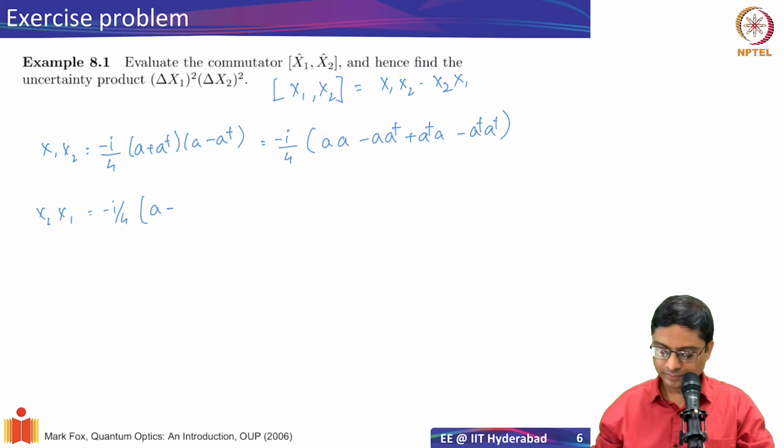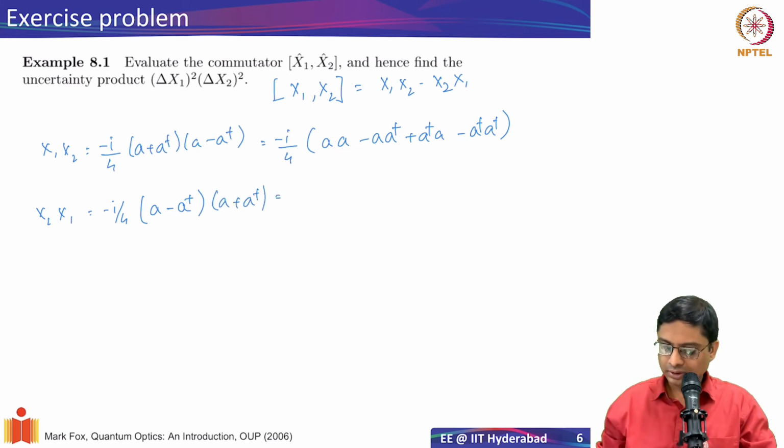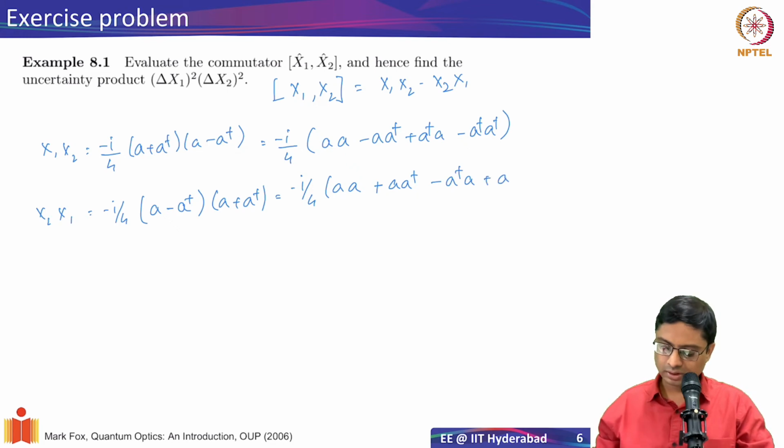That's going to be minus i by 4 [a squared, plus a a dagger, minus a dagger a, minus a dagger squared]. This is what it is.